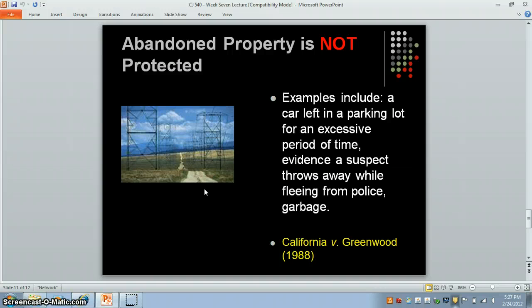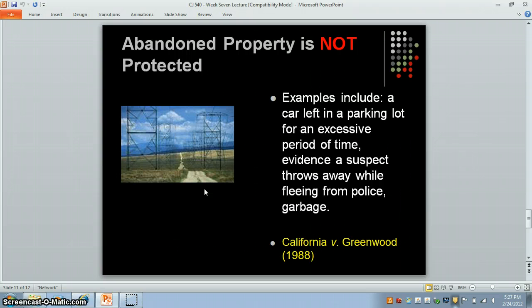It is important to note that abandoned property is not protected by the Fourth Amendment guarantee against unreasonable seizures and searches. For example, if a car is left in a parking place for so long that it is reasonable to assume that the car has been abandoned, police may seize the car without a warrant.